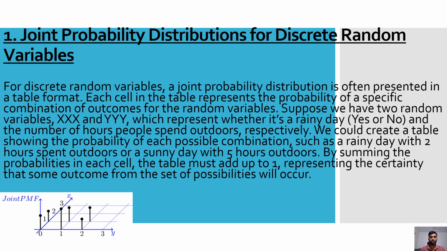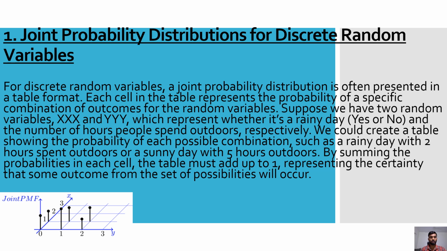Joint probability distributions for discrete random variables. For discrete random variables, a joint probability distribution is often presented in a table format. Each cell in the table represents the probability of a specific combination of outcomes for the random variables. Suppose we have two random variables x and y which represent whether it's a rainy day and the number of hours people spend outdoors respectively.